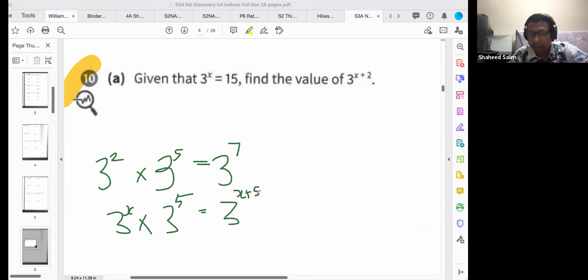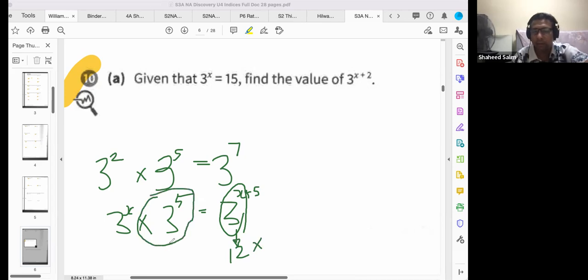Agree? And if I tell you that this is equal to, let's say, 12. You must also remember that you need to times this 3 to the power of 5, still.